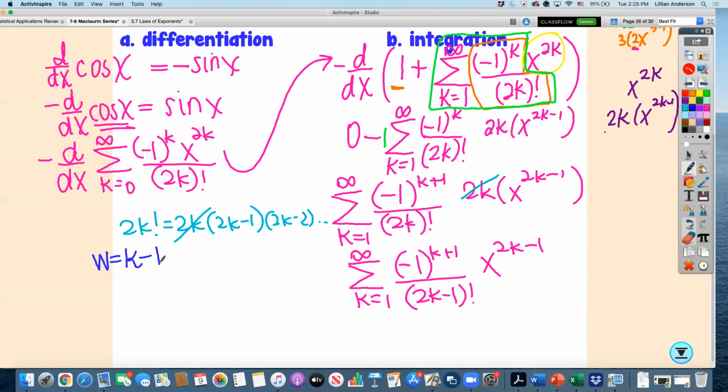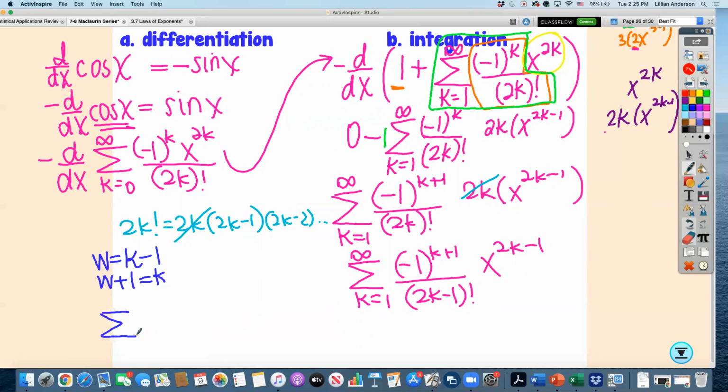And so what that means is that I'm going to replace every k inside of the summation with a w plus 1.